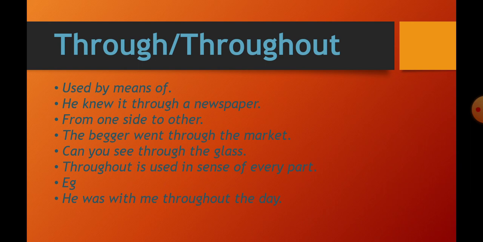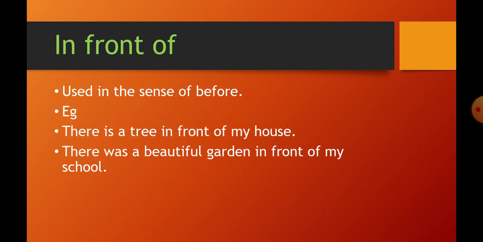Throughout is used in the sense of every part. That means it encompasses everything or every part. He was with me throughout the day. That means the entire day he was with me. Next is in front of.